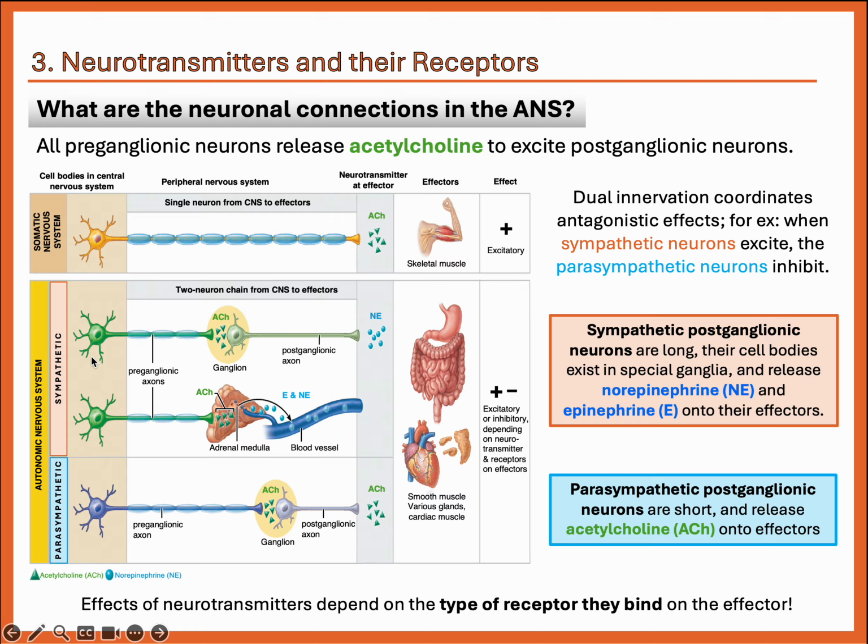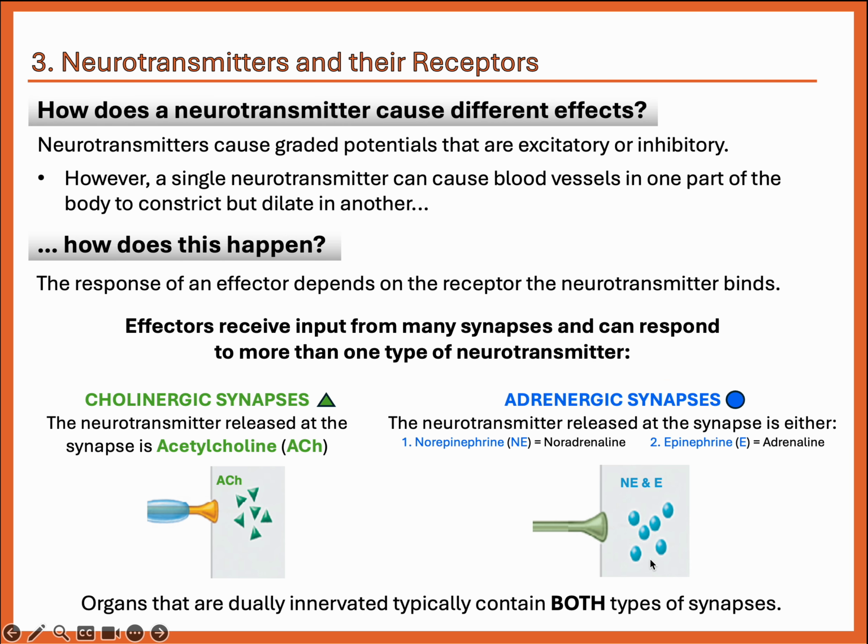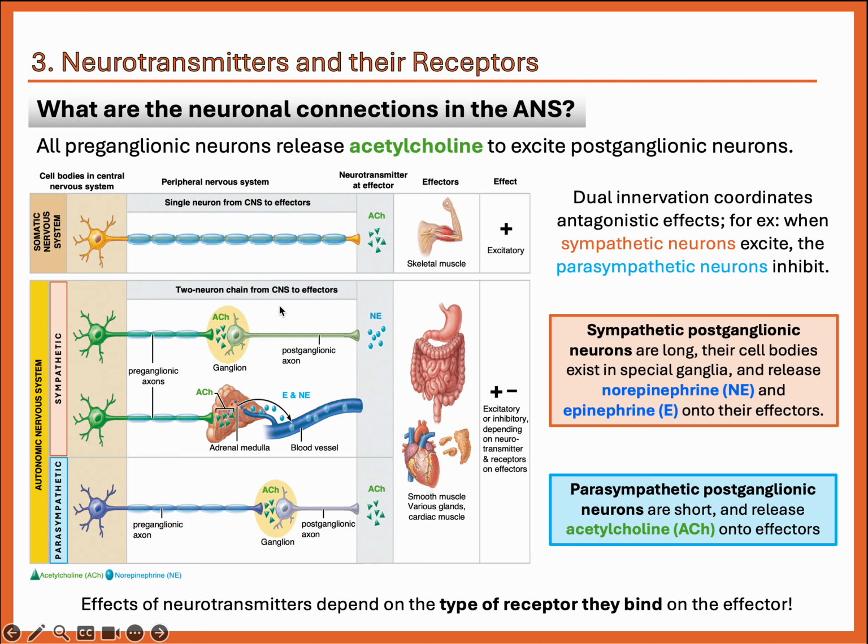So sympathetic neurons release norepinephrine and epinephrine, and the name for this is adrenergic synapses. An adrenaline rush, you've heard of that name maybe. That means stress, like when you're stressed to bungee jump or something like that. So this sympathetic branch is the adrenaline rush. This is epinephrine and norepinephrine getting released, and this would cause the stress response.